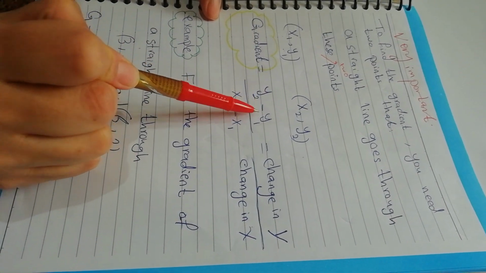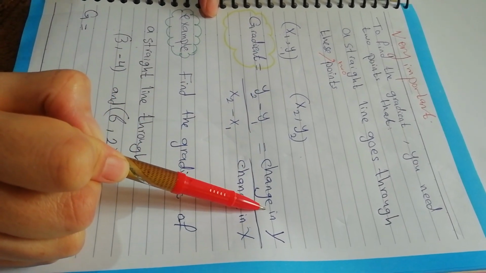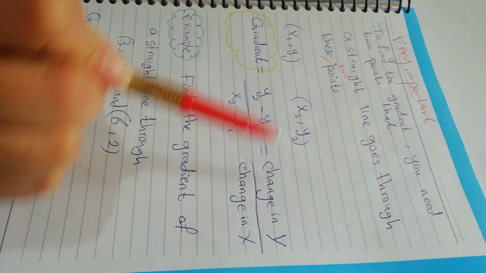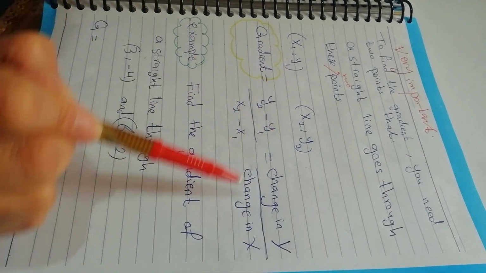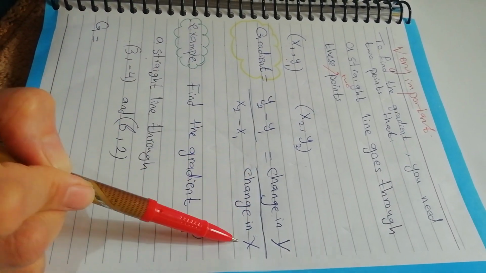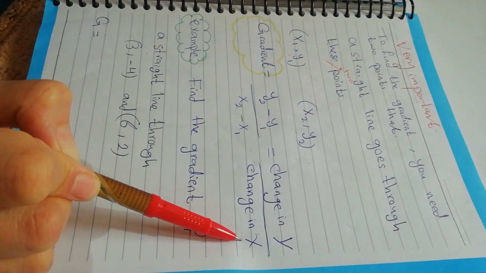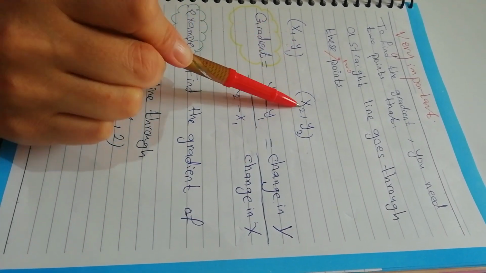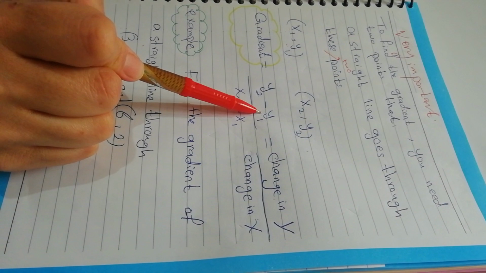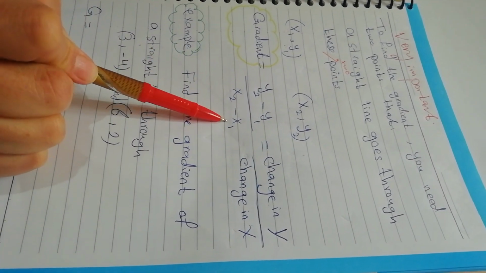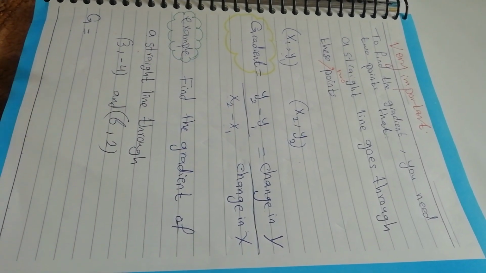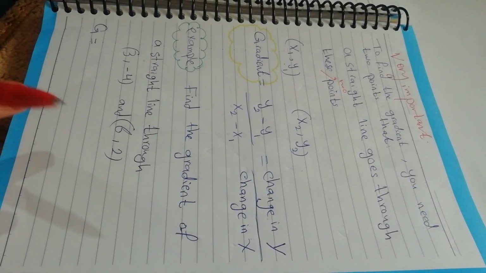So y2 minus y1, the change in y, divided by the change in x, which is the difference between the x coordinates. So again, y2 minus y1 over x2 minus x1. It's a fixed rule, you have to know it.